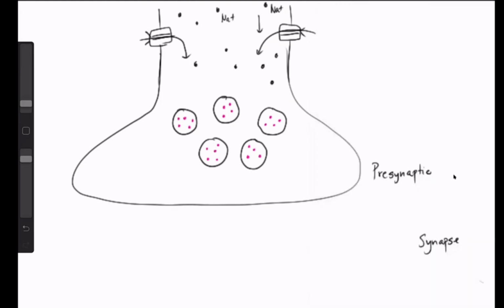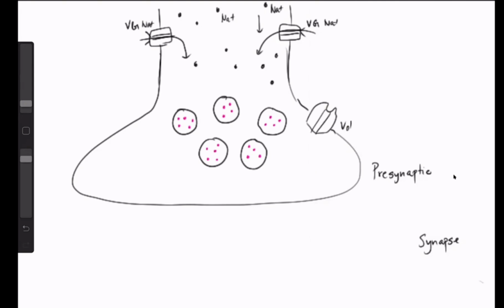All right, so here's what happens. These are voltage-gated sodium channels. I'm going to write voltage-gated sodium channels here. But at the end of the presynaptic neuron, we actually have another type of voltage-gated ion channel. I'm going to draw it like this, and I'll just draw one here.